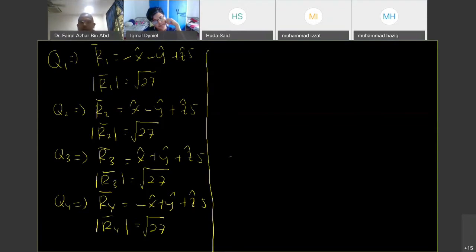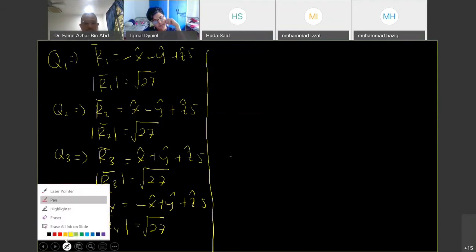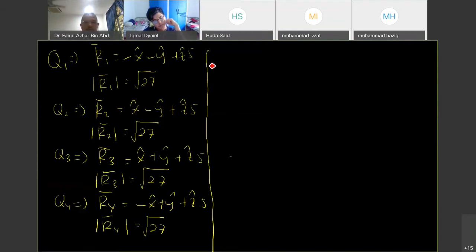Okay, then once you get all the vector equations, the expressions for the vectors, we can put them all together in this equation. Because the value of each charge is the same, 40 microcoulomb, divided by 4 pi epsilon naught.